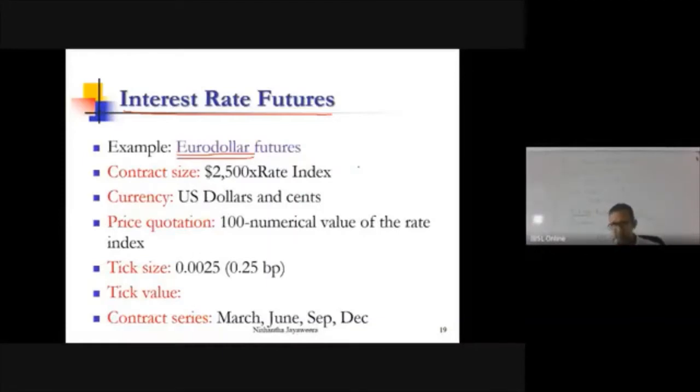You may remember I mentioned that if a dollar deposit is made outside the US, we call it a Eurodollar deposit. That's the concept used here. So you lend or borrow dollars, but outside the US.